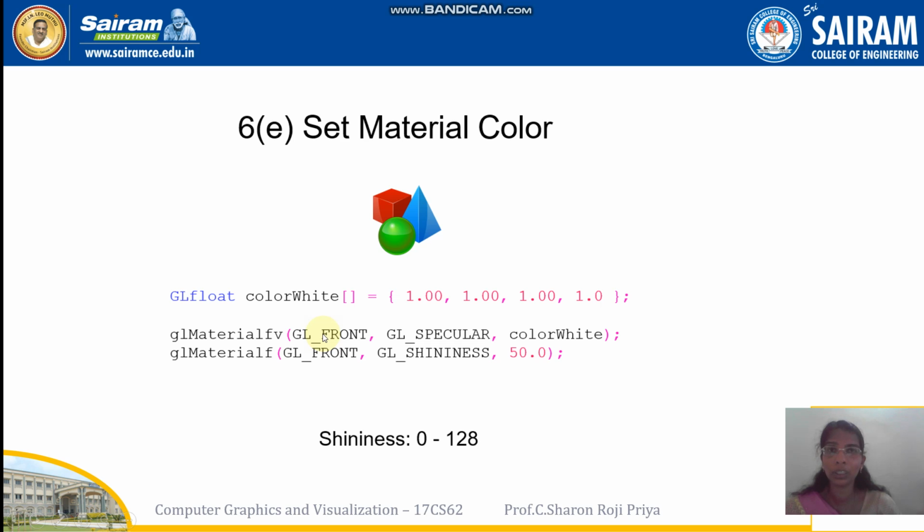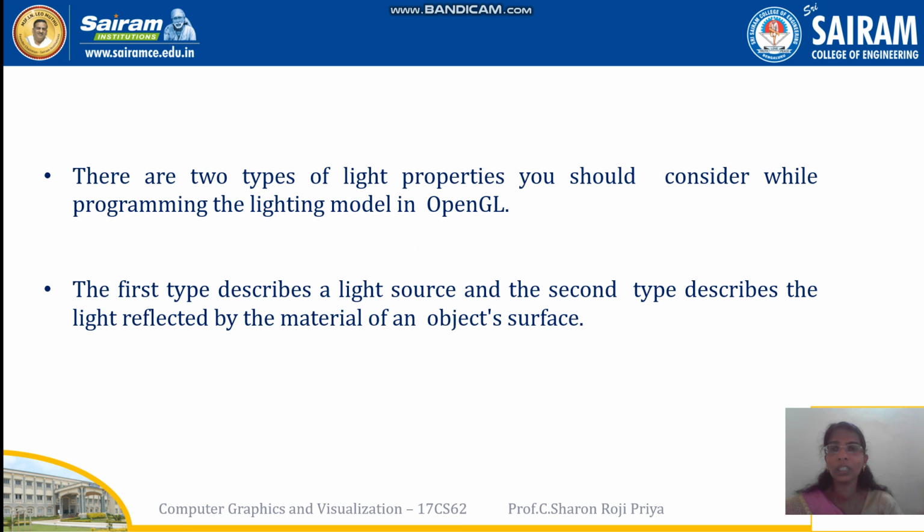I can specify GL_FRONT or GL_BACK, or I can specify GL_FRONT_AND_BACK. Then I have to specify the specular value and the shininess value. The specular value I have specified in an array and I have used the array name. The shininess coefficient will be in the range from 0 to 128. Any value between 0 and 128 I have to specify as the third parameter.